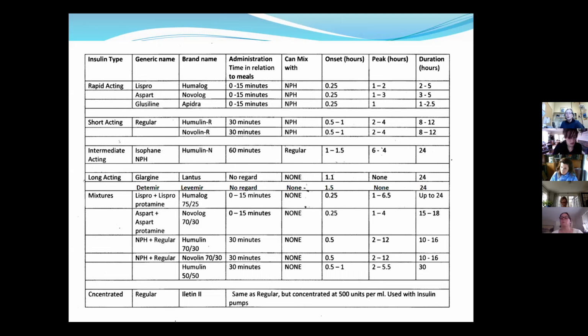We know it's going to lower blood glucose, so we need the person to be eating so that blood glucose doesn't drop too low. Does that make sense to everyone? Okay, so if you're giving morning Lispro to your patient in the hospital, you want to make sure that their tray is going to be there soon.